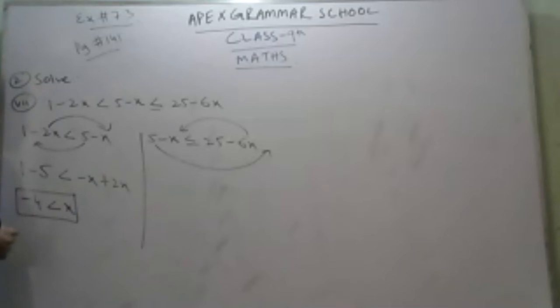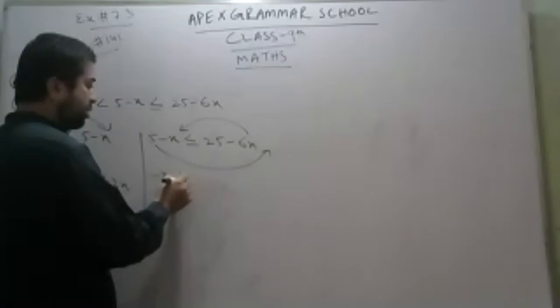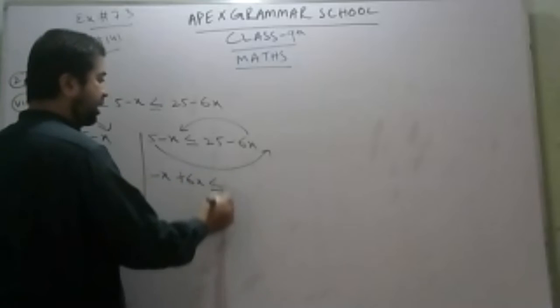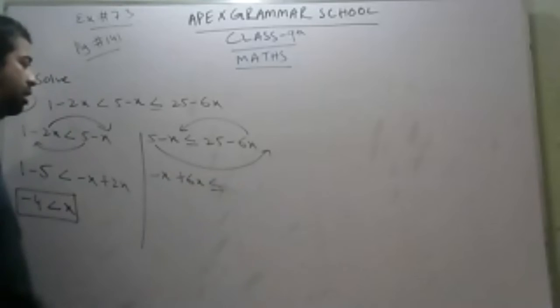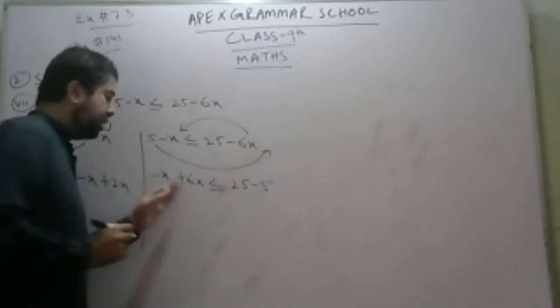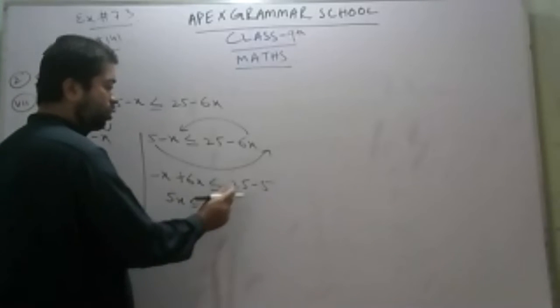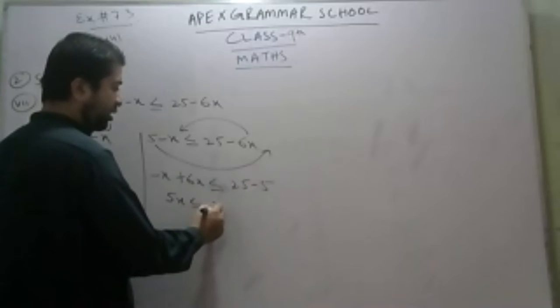This is the first relation. Second is minus x plus 6x less than or equal to 25 minus 5. 6x minus x answer is 5x, less than or equal to 25 minus 5, answer is 20.